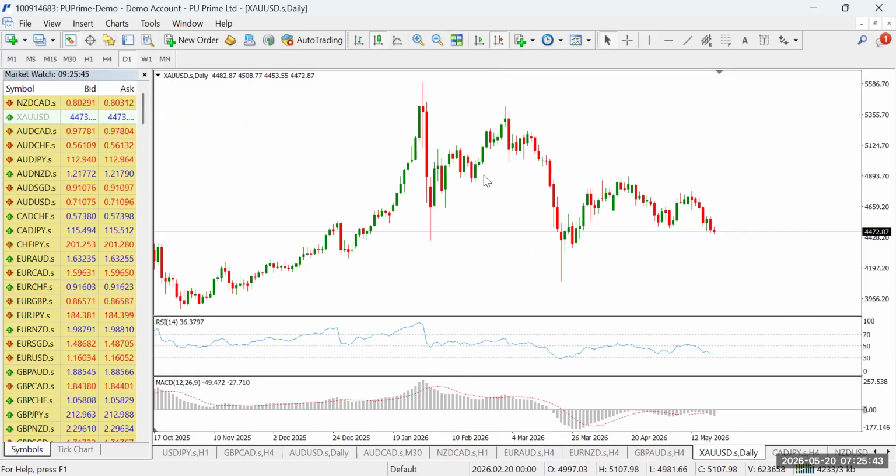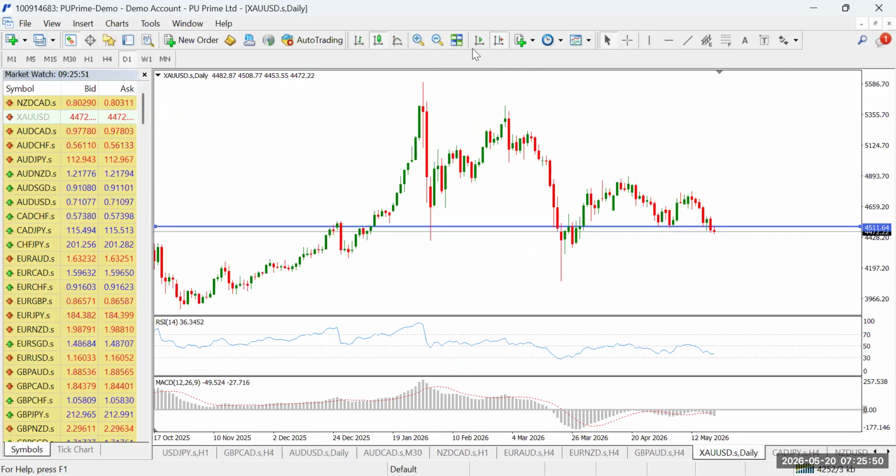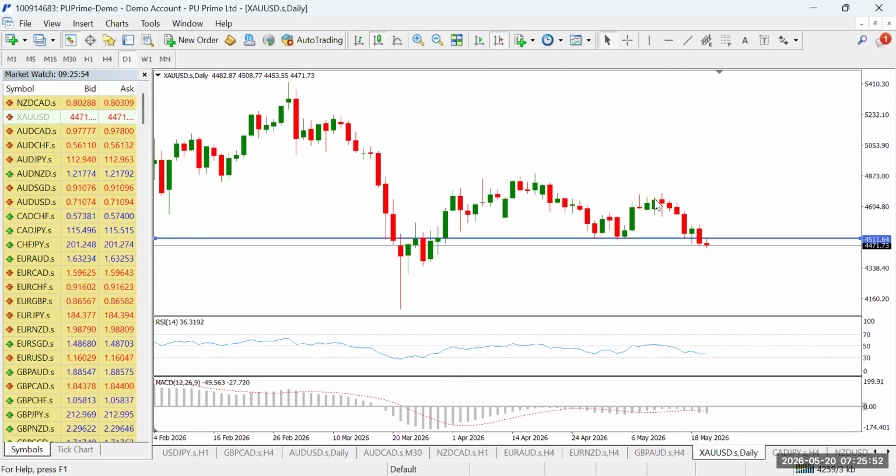Right, so this is gold on the daily time frame. Price broke a support zone yesterday on the daily.